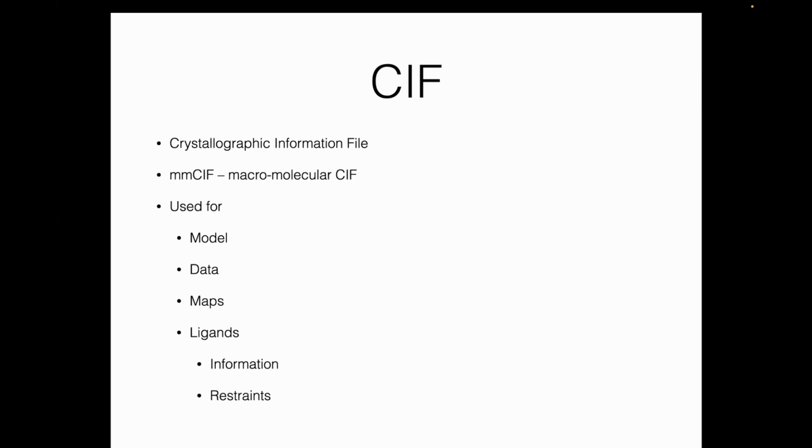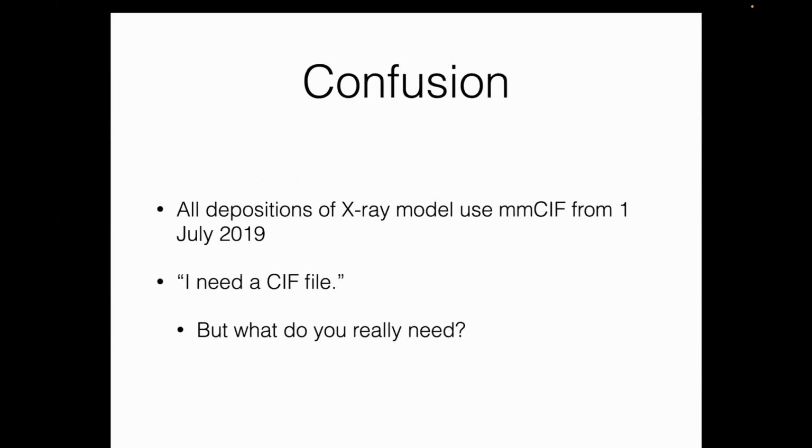So don't be fooled by, I found a CIF file on the PDBe and I've downloaded it. Why doesn't it work in my refinement? It's because it's not restraints. So I also recommend that you don't use the word CIF to define a file, because everything is going to be CIF very soon. So you should say restraints, model, data, and information, things like that.